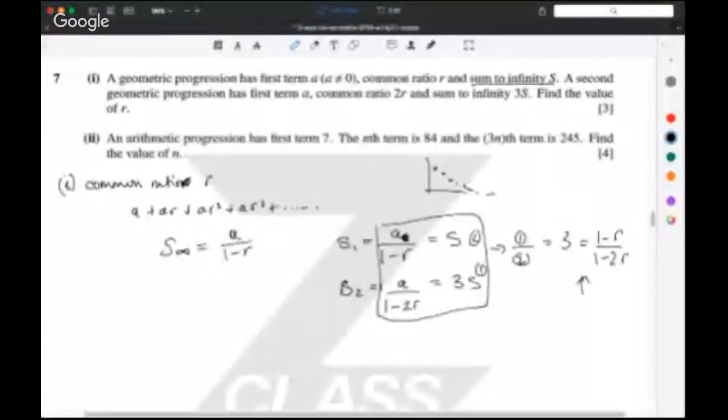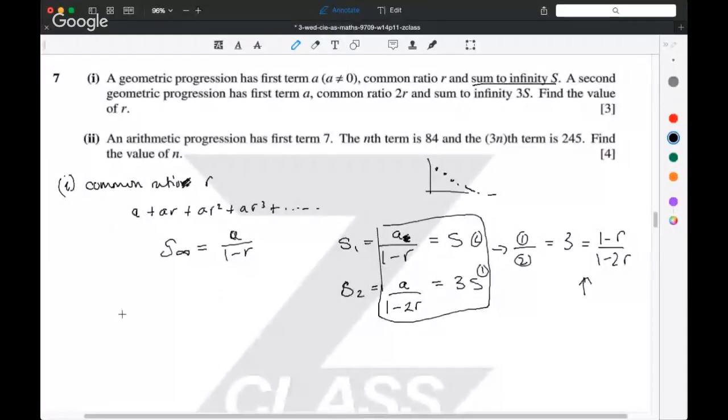Okay, so the next one is not geometric, it's an arithmetic progression. This is a different type of progression. In these, you have a series where each term is the previous term plus some number. So it looks something like A, plus A plus k, plus A plus 2k, and so on.